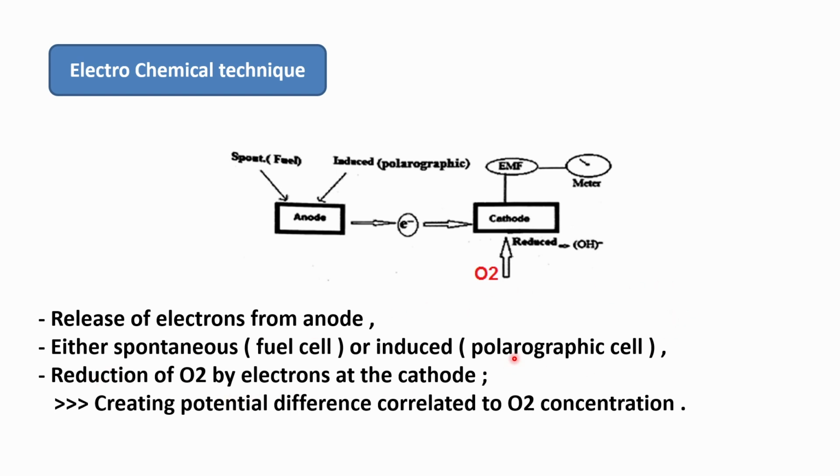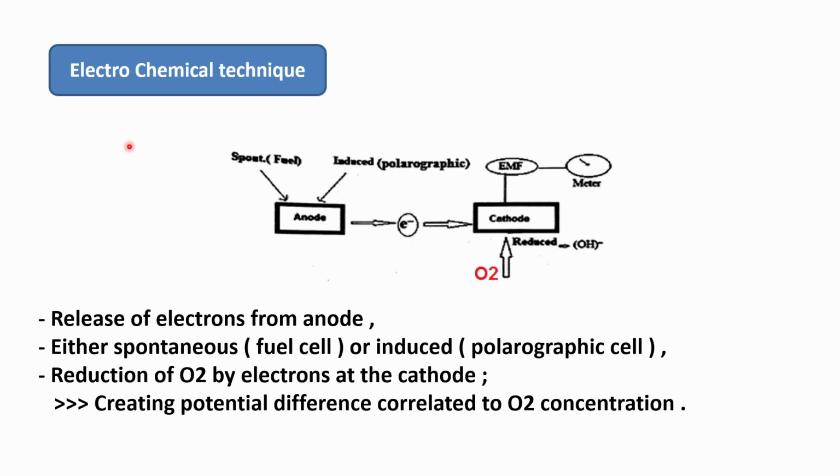Reduction of oxygen by the electron at the cathode creates a potential difference correlated to oxygen concentration. So the potential difference here is directly proportional to oxygen concentration. The more oxygen passing through this cathode, the higher the reading and the concentration read by this meter.